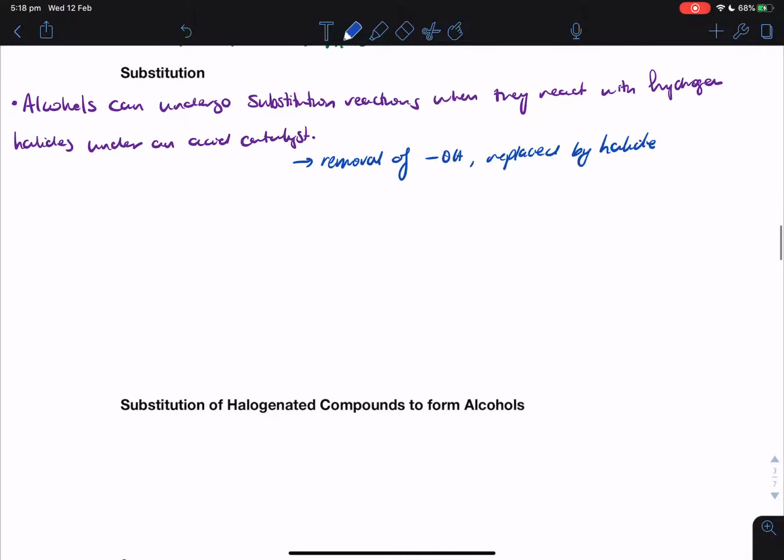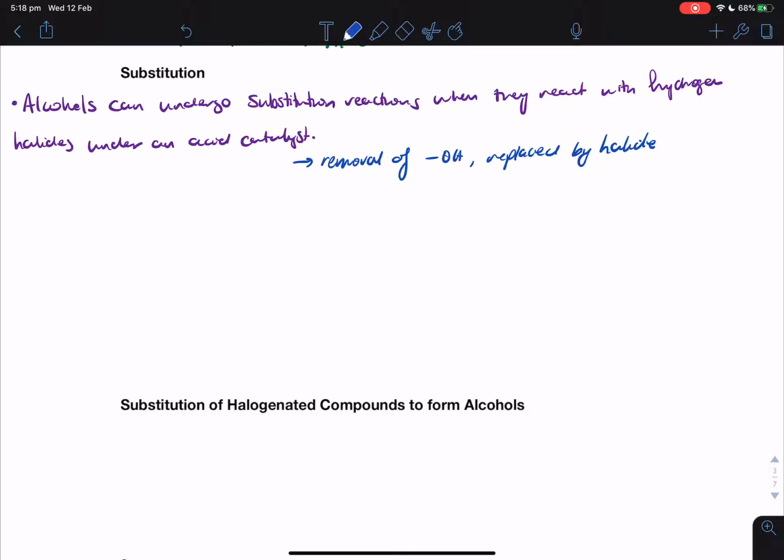Okay, we mentioned before that for non-oxidation reactions, tertiary alcohols are more reactive than secondary and primary alcohols. Substitution reactions are actually an example of this. A tertiary alcohol can actually react with a hydrogen halide completely via a substitution reaction in less than 1 minute. Let's just say a tertiary alcohol is reacting with hydrogen chloride.